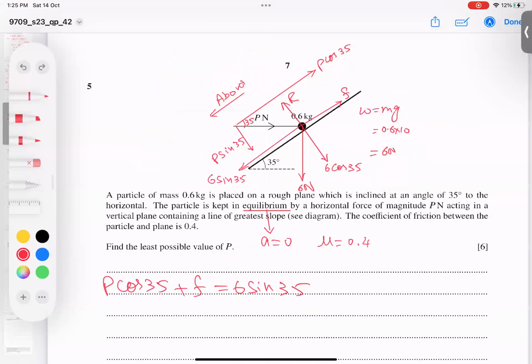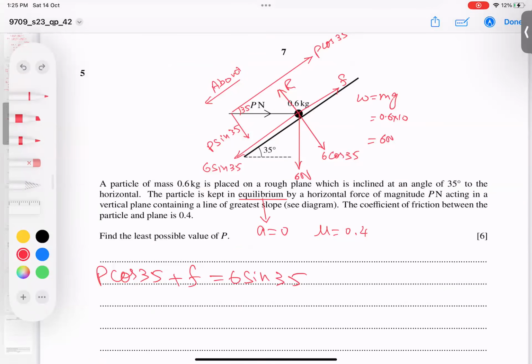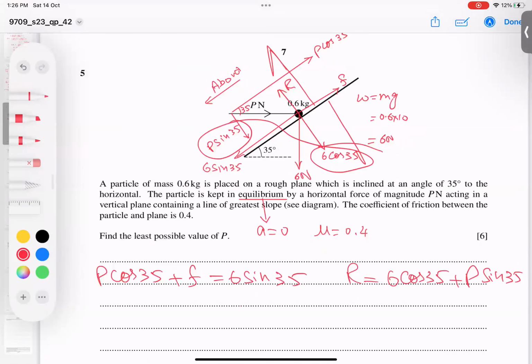So I can say here that R equal to 6 cos 35 plus P sine 35. Again, this and this I will add because R is acting upward and two forces are acting downward. I think the idea is very clear.